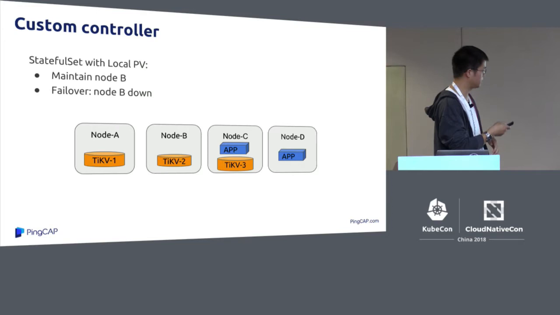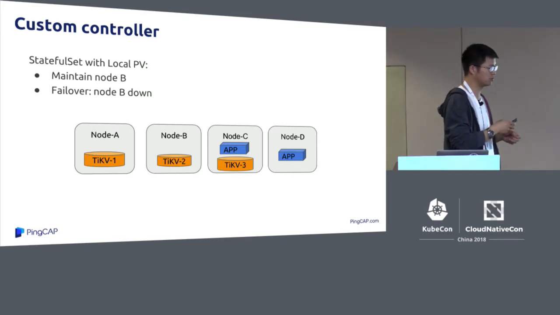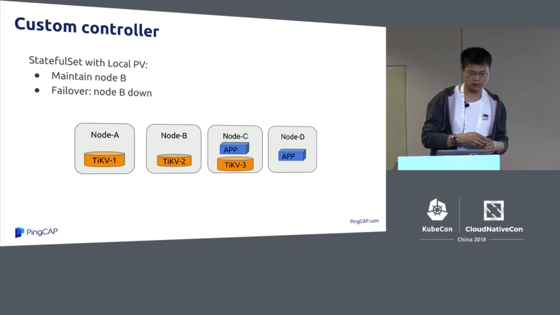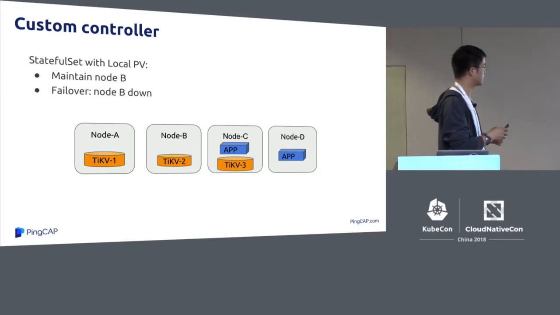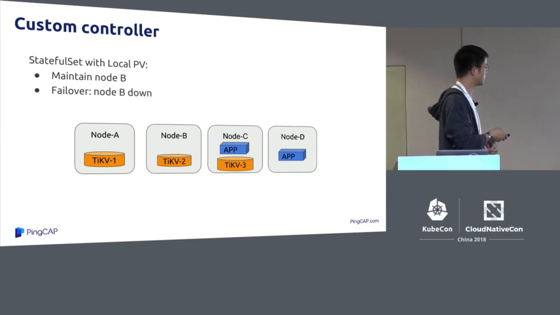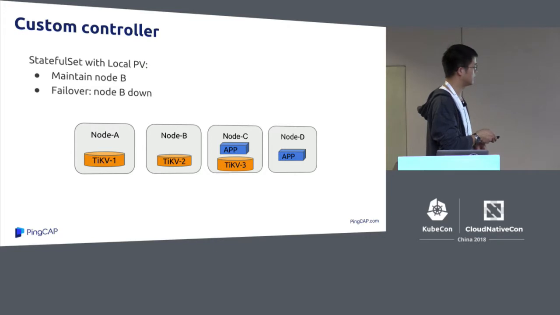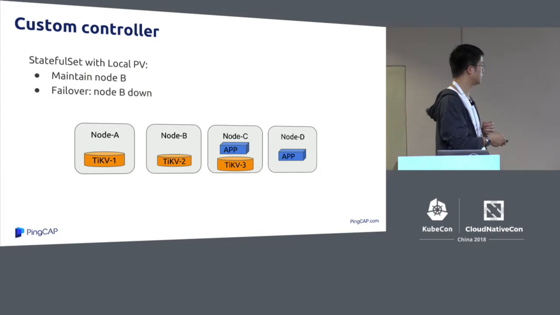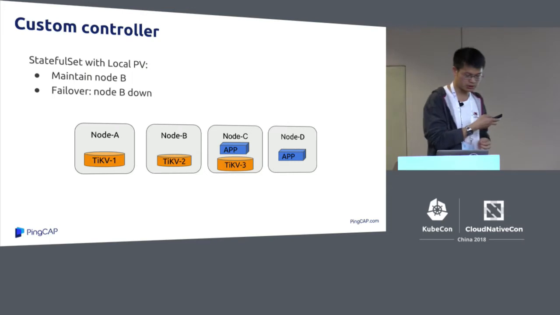But if the node never comes back, then the TiDB2 pod will become terminating or pending. That's very annoying for users, but we still keep the running TiDB pods at three, which matches the user's expectation.